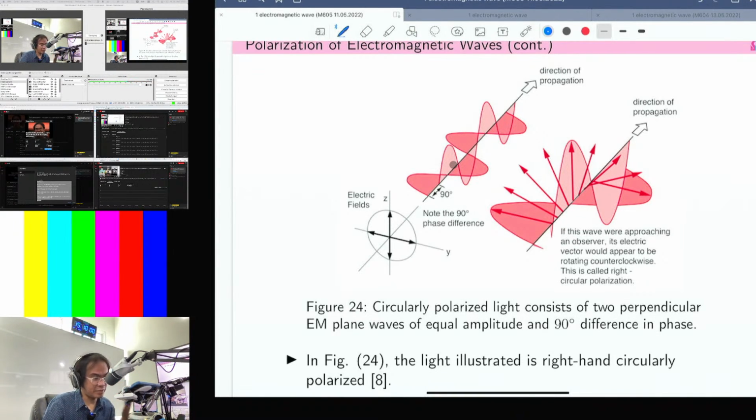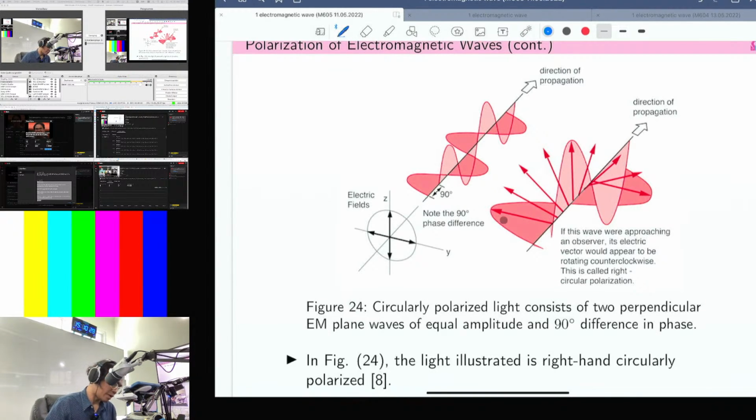These are the two components of the electric field. Once nature combines these two electric fields, what we can observe is that the electric field will rotate like this, and it goes in this direction, called the direction of propagation.